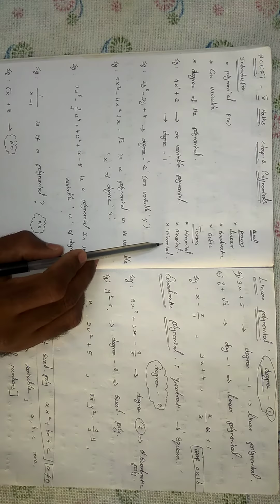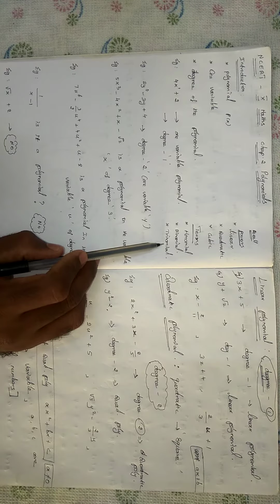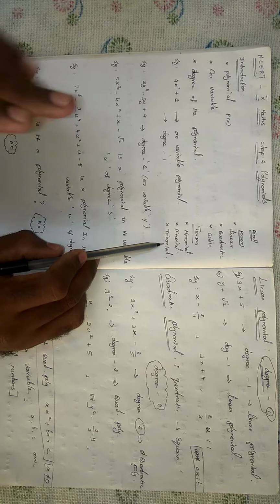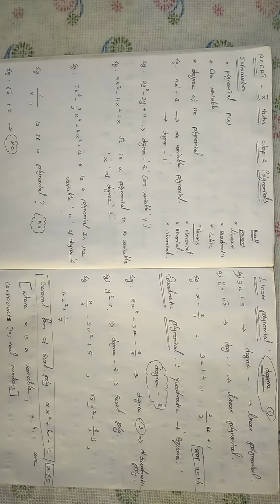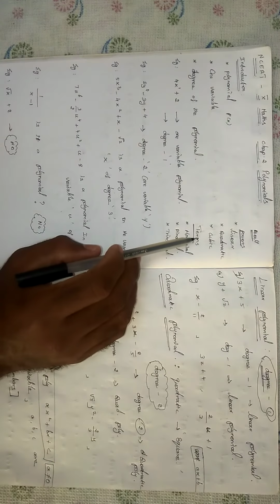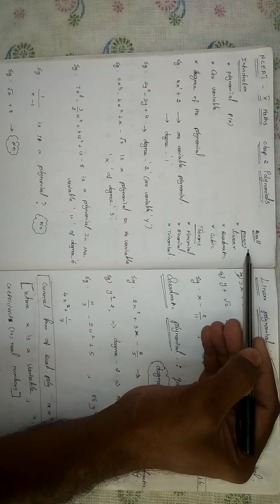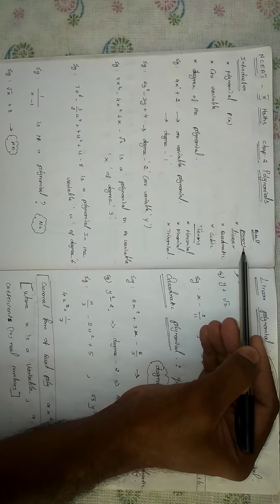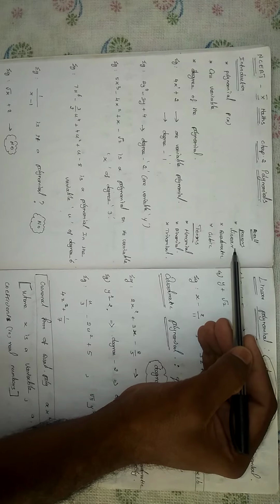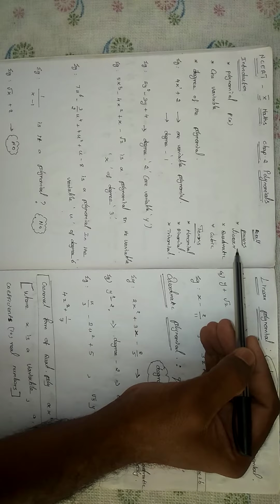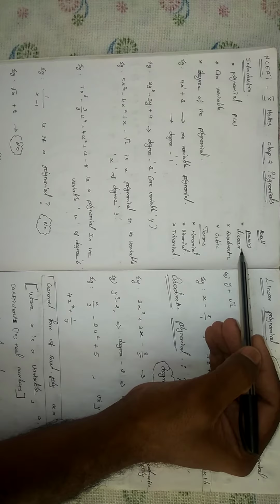Next, trinomial. An expression which has three terms is called a trinomial. We should not bother about the powers here, right? Are you all clear? Next, based on the powers, we should not bother about the terms here. If the highest power in the expression is 1, that is linear.